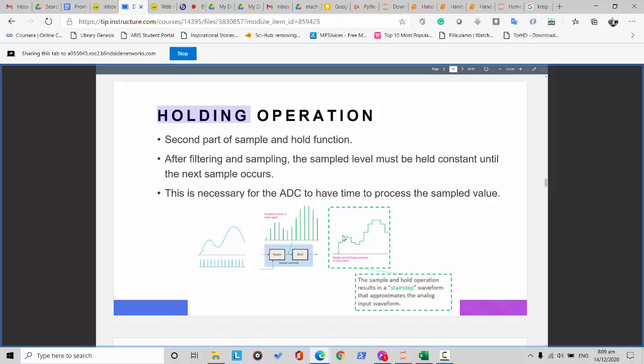It's like a drawing of a building, but actually it's a stair step waveform which approximates the analog input waveform. So if we have the sample values here, the hold operation will create a stair step approximation of the analog input waveform.